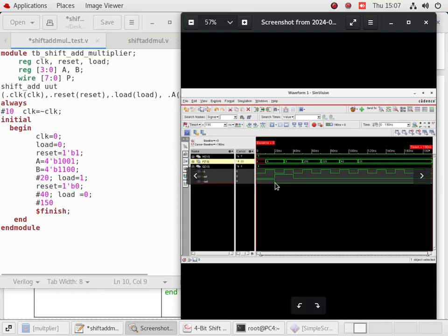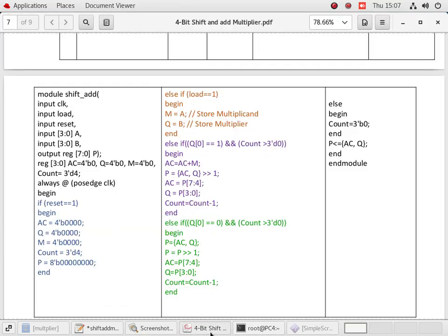Then at 20 nanoseconds, the load becomes 1. When the load is 1, the A value is pushed to M and the B value is pushed to Q.